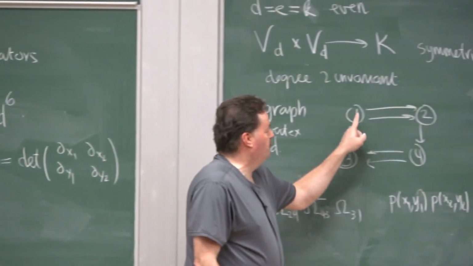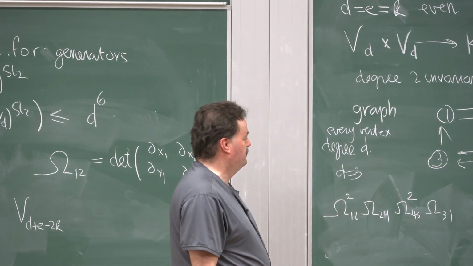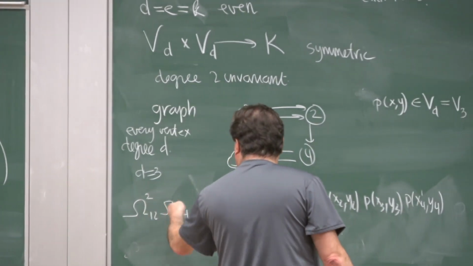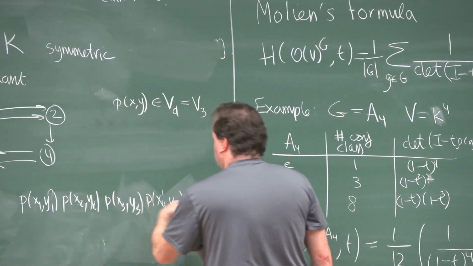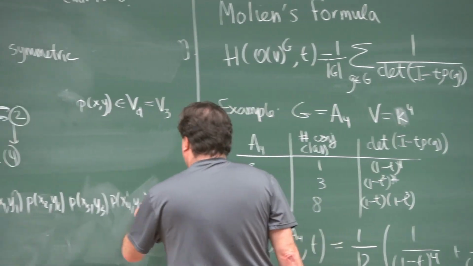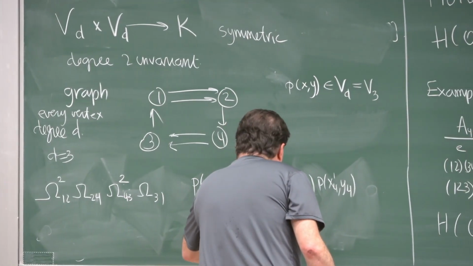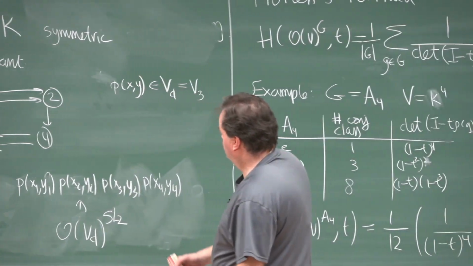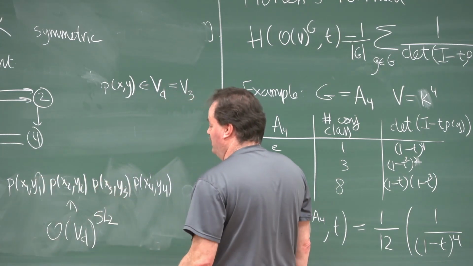The two arrows from 1 to 2 mean this omega 1,2 I do two times, etc. Every number here appears exactly 3 times, so everything will go to something that in the end is constant. And so this will actually give me an SL2 invariant, and the coefficients of P appear 4 times, like there's a product of 4 things here.